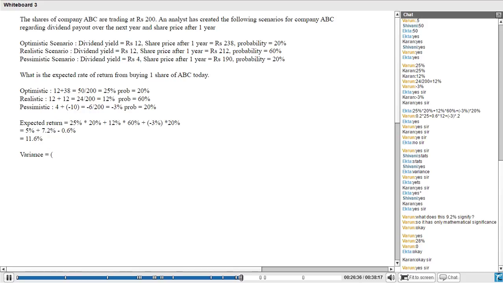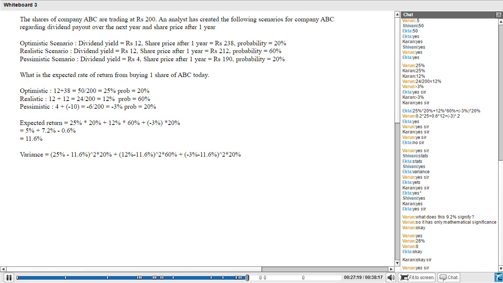So 25% minus 11.6% to the power 2 into the probability, which is 20%, plus the next scenario, 12% minus 11.6% again to the power 2 into the probability here being 60%, plus minus 3% minus 11.6% to the power 2 into the probability of this event being 20%.